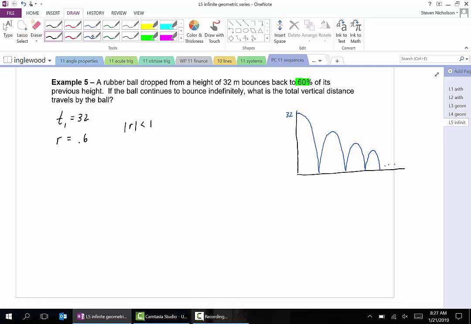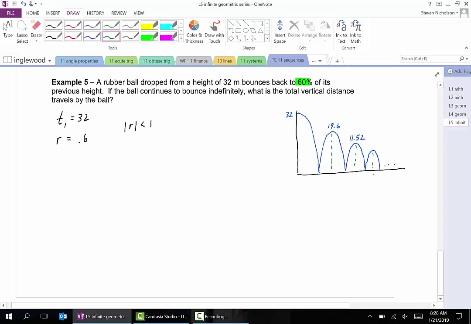So I've done a quick couple of calculations. When you multiply 32 by 0.6, here's what you get, 19.2. So the ball is going to bounce up. After it hits the ground, it's going to bounce up to 19.2. And its next bounce is going to be 11.52. And then it's going to go down again, and then et cetera.